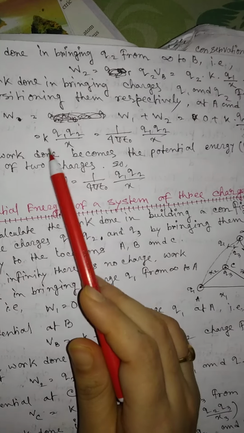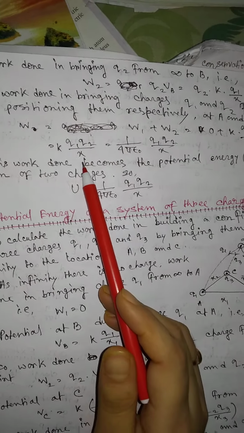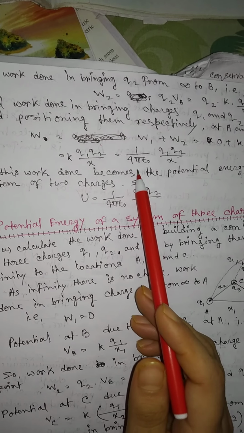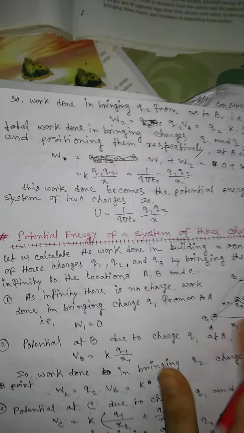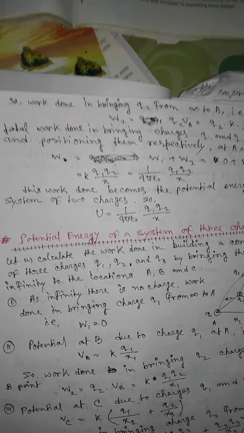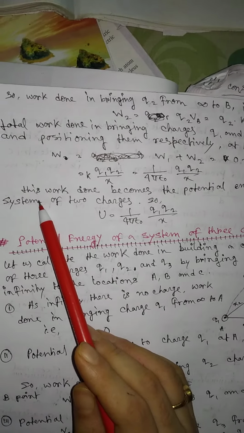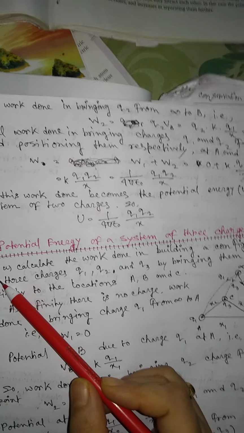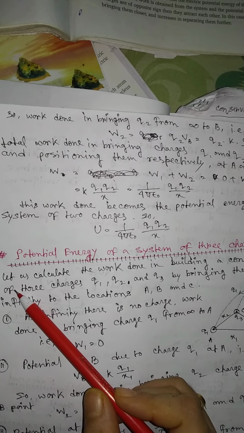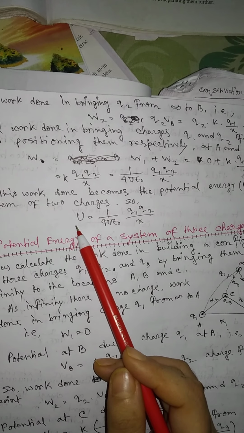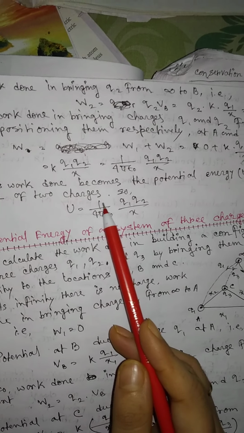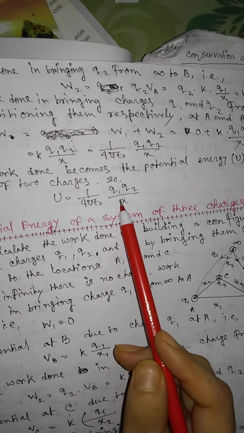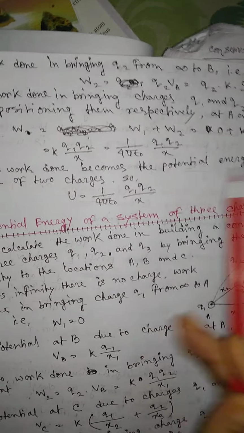So total work done equals K Q1 Q2 by x, or we can write 1 by 4 pi epsilon naught Q1 Q2 by x if the surrounding medium is vacuum or air. This amount of work becomes the potential energy of the system of two charges. So U, the potential energy of this system of two charges, equals 1 by 4 pi epsilon naught Q1 Q2 by x.